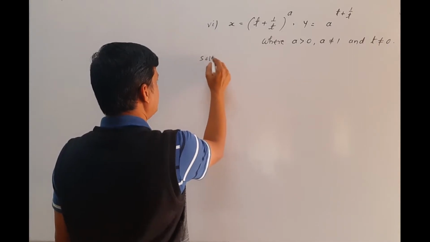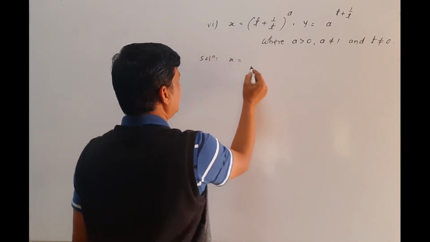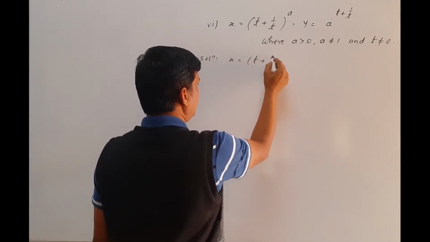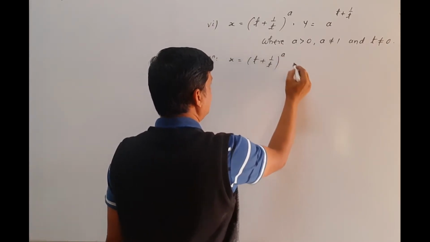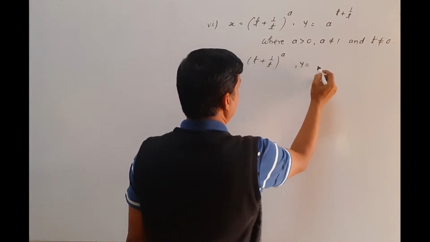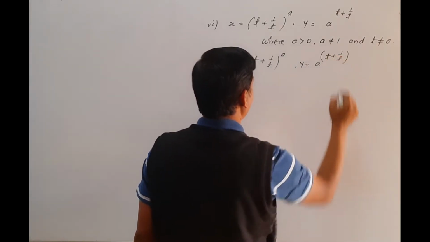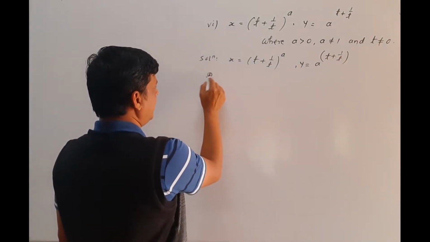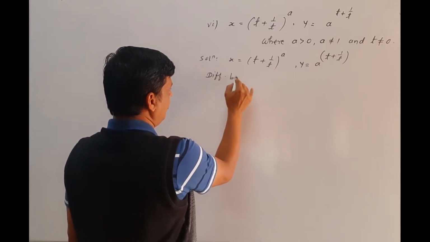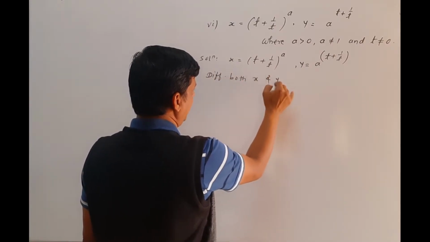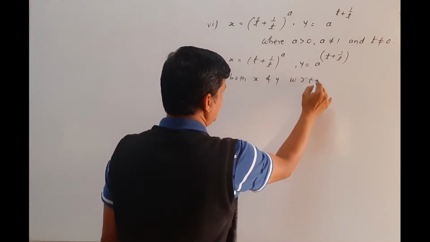So write in the solution x is equal to t plus 1 by t raised to the power a, y is equal to a raised to the power t plus 1 by t. So differentiate both x and y with respect to t.